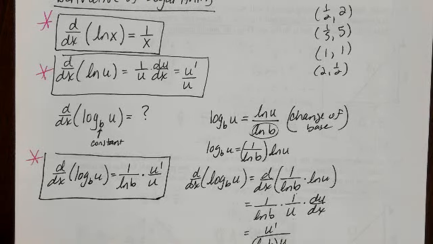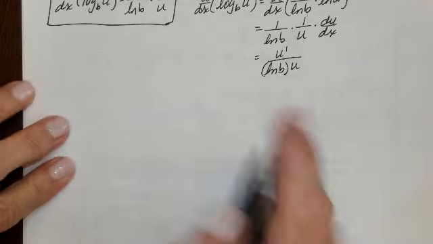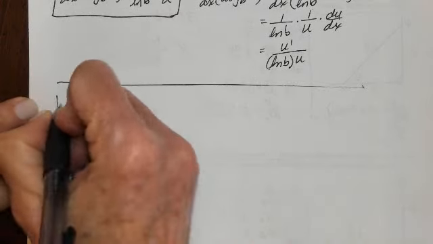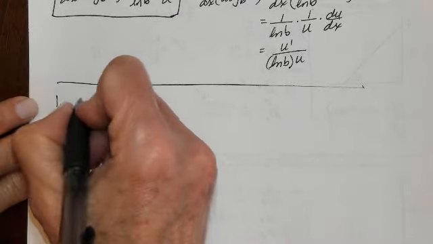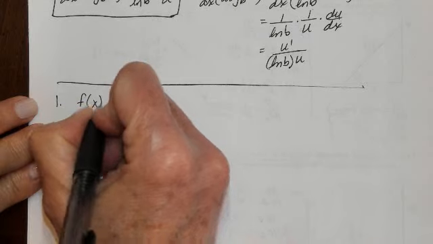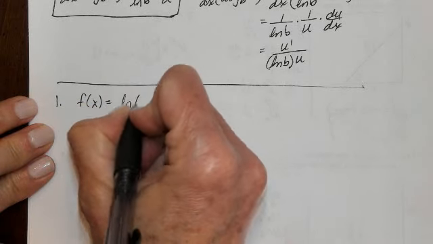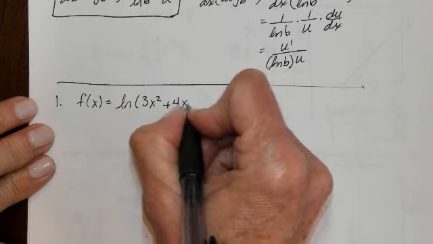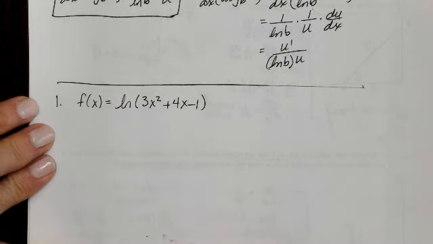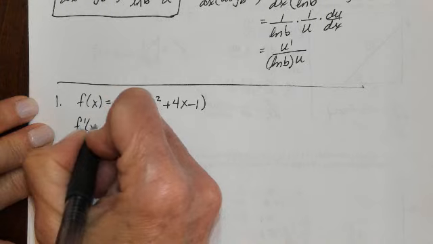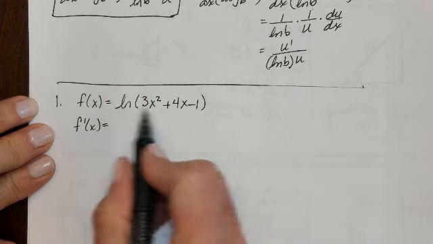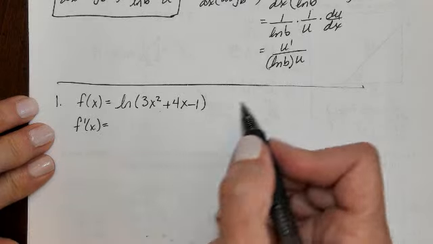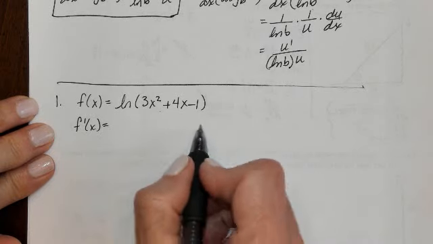Alright, time for some examples. Example 1, and we're going to be finding the derivative in each of these. So the directions would say to find the derivative. F of x is equal to natural log of 3x squared plus 4x minus 1. So the derivative would be, okay, it's natural log, so it's 1 over u times u prime, or u prime over u.